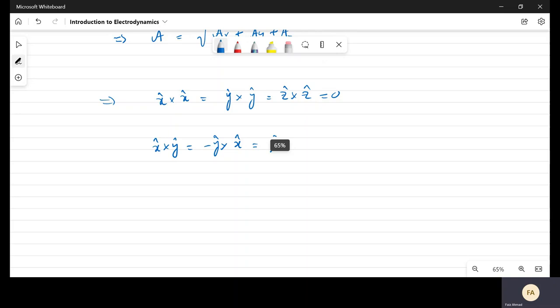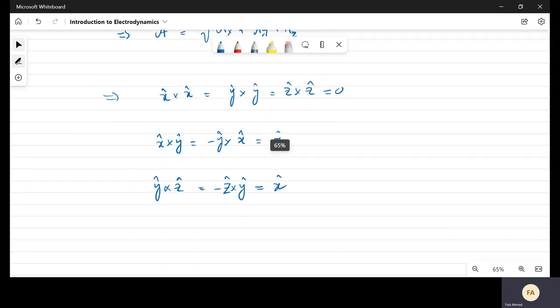Similarly, y cross z is equal to minus z cross y, as we discussed that when we change the direction, the thumb was going up or down, so we have to place a negative sign to accommodate the sign.